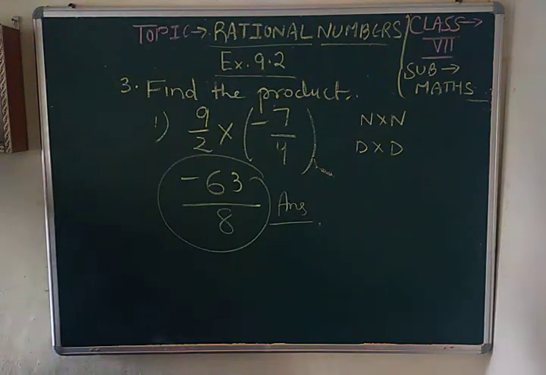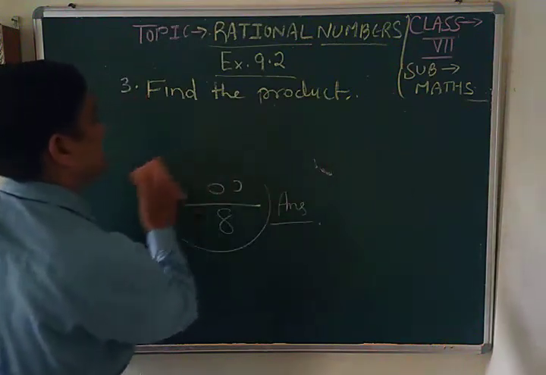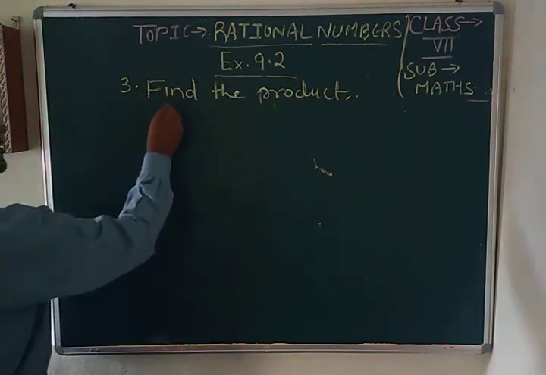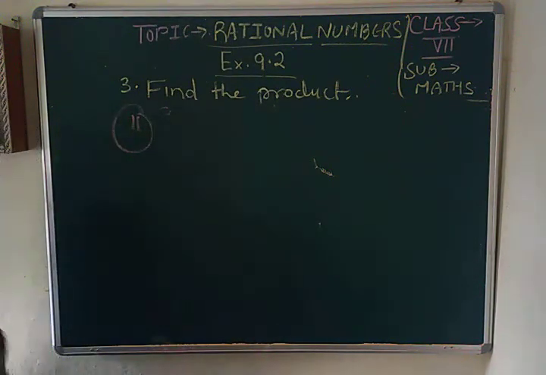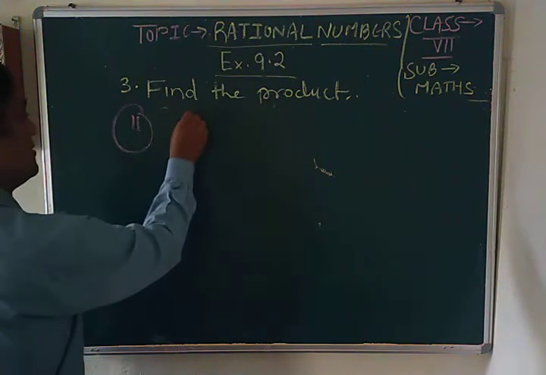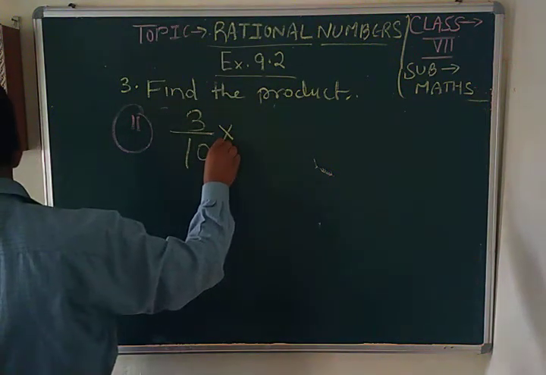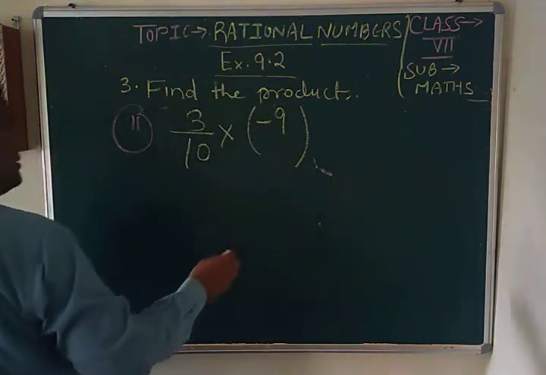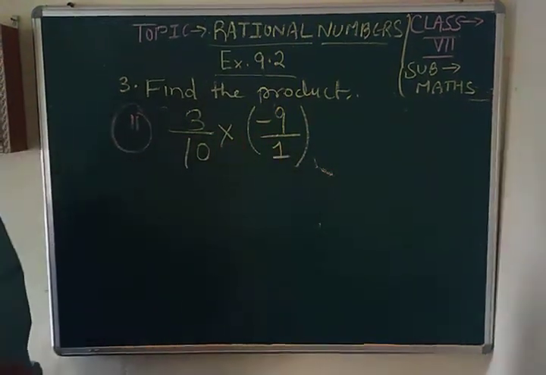Now children, we will do the second part. Second part is 3 upon 10 multiplied by minus 9. Now children, as there is no denominator, we can write down 1 in their denominator.